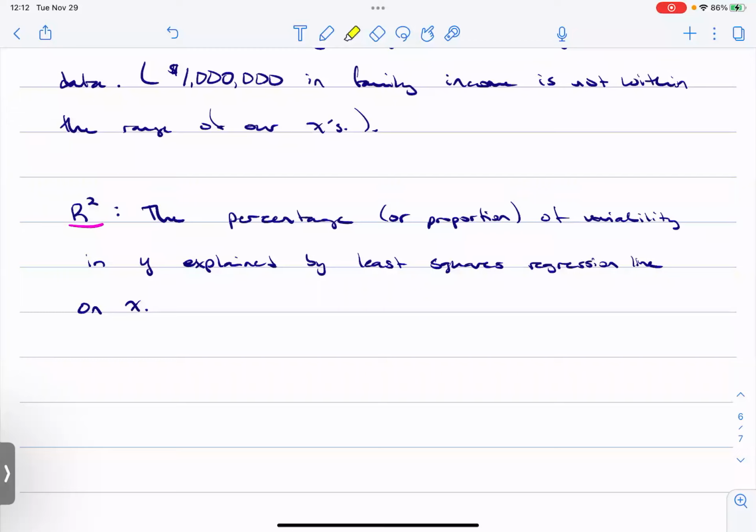But as soon as you see percentage or proportion of variability, that's going to trigger R squared. And what is R squared? We can calculate R squared as the correlation squared.